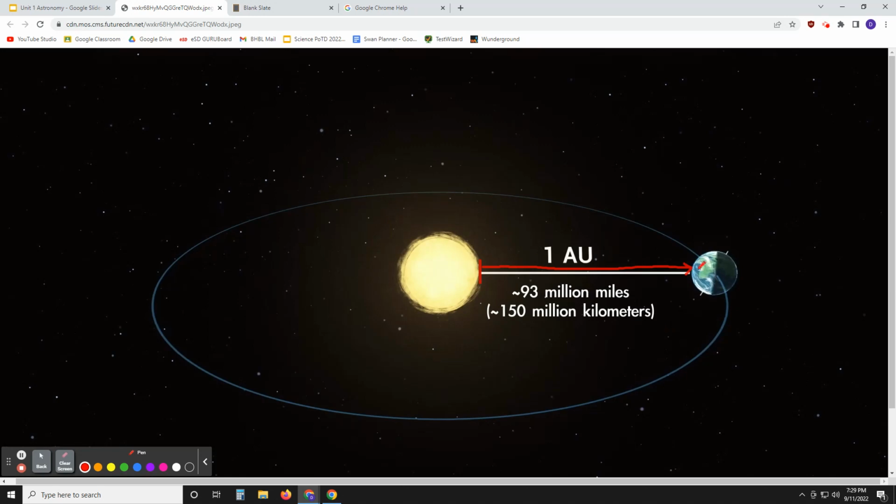Now, we talked about the speed of light. The speed of light's really, really fast. But also, space is really, really big. So even though light travels really fast, it also has to cover an incredible amount of distance. 93 million miles is a long, long distance before it hits the Earth. It takes roughly about 8 minutes to do so.